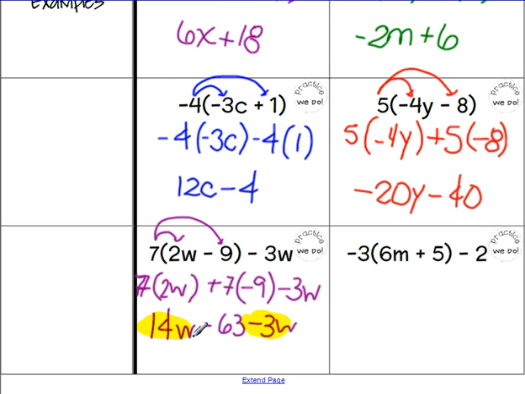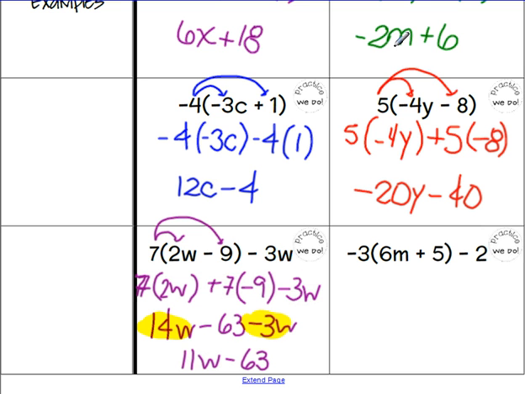So if we have 14w minus 3w, that would give us 11w. And then we don't have any other constants, so we can just bring that down. So 11w minus 63. So making sure that after you distribute that you also combine like terms if possible.